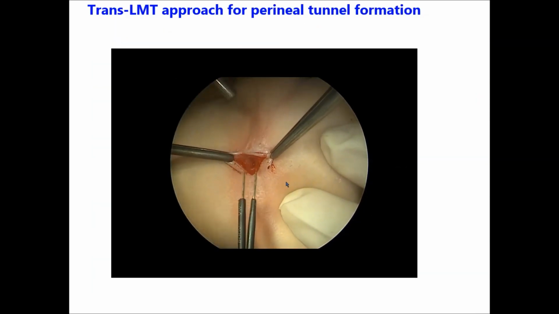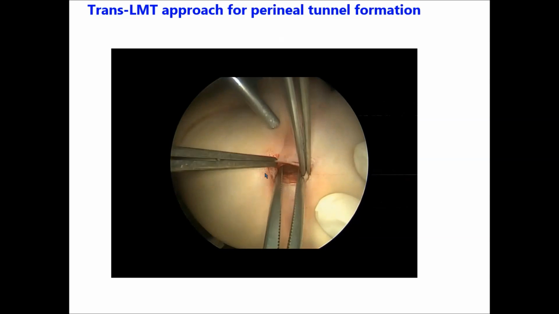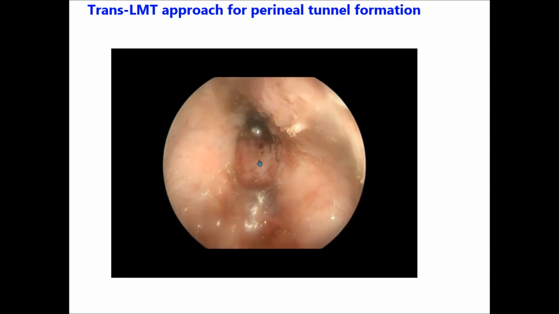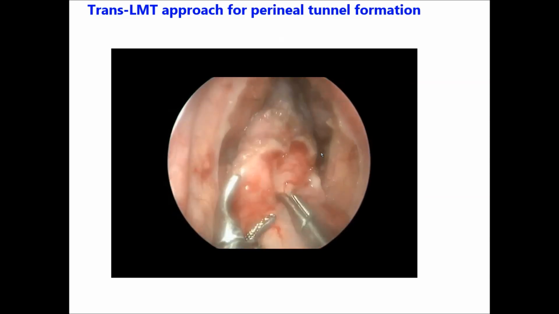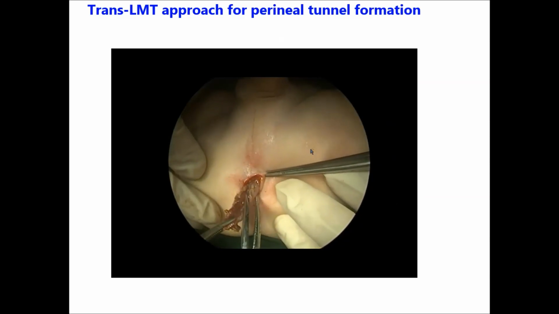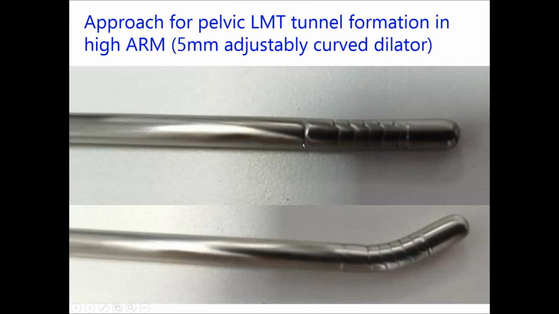Under the electric stimulation, the center of the longitudinal muscle tube was decided, and the clamp was used to develop the longitudinal muscle tube from the perineal approach. And then under the laparoscope, the tunnel was connected with the pelvic longitudinal muscle tube.